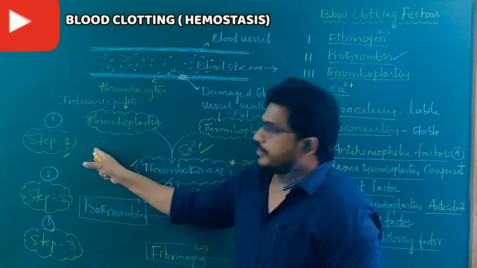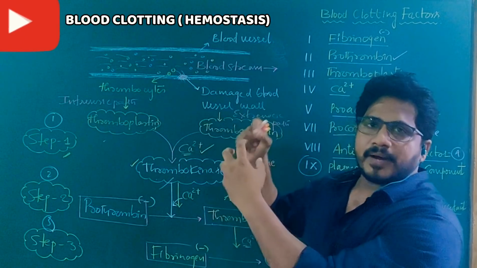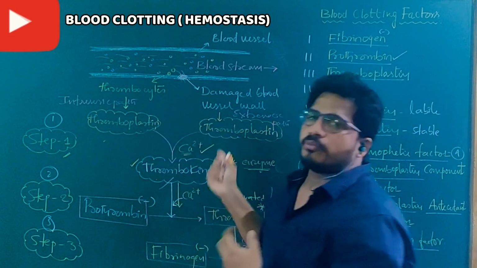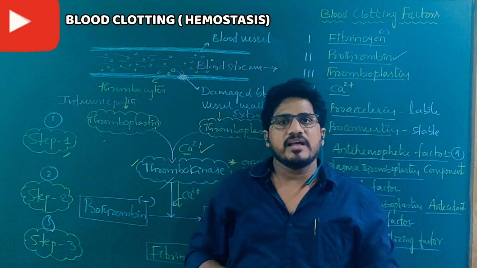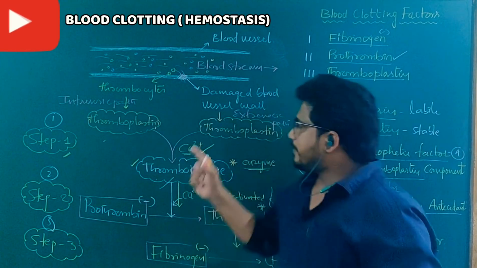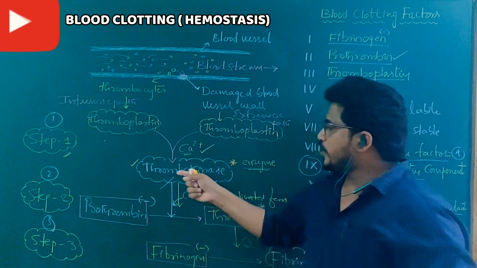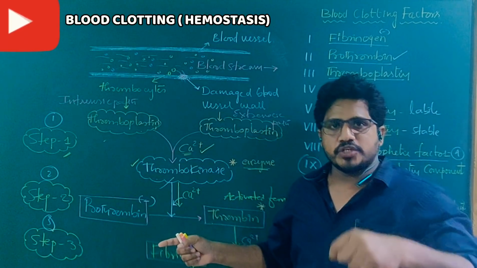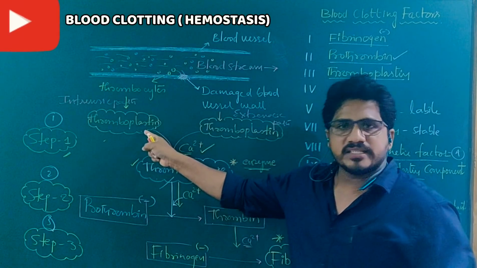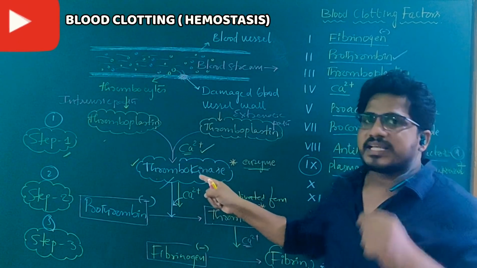In the first reaction, the intrinsic and extrinsic pathways result in so much thromboplastin accumulated in the blood. With the help of calcium ions, this accumulated thromboplastin converts into the thrombokinase enzyme. One should recognize thromboplastin is a protein, thrombokinase is an enzyme.